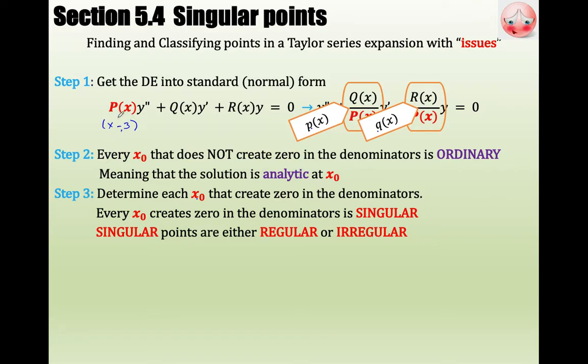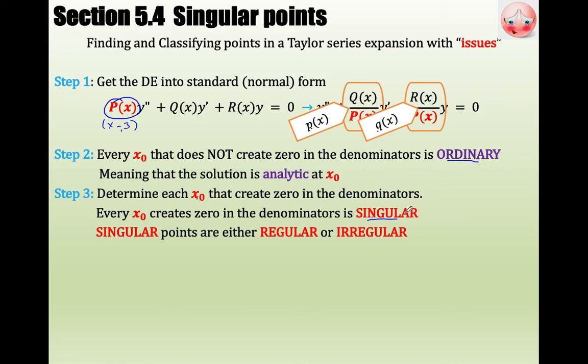What makes P of x equal to 0 is singular. So you are either ordinary or singular, and that is only dependent upon whether you make the function in front of y double prime equal to 0, because in order to get into standard form, you're dividing by that function in front of y double prime.